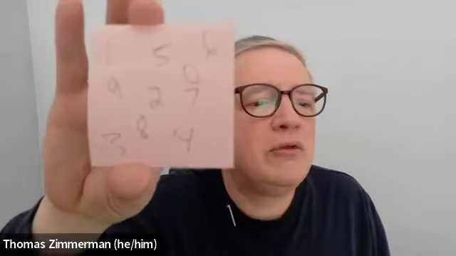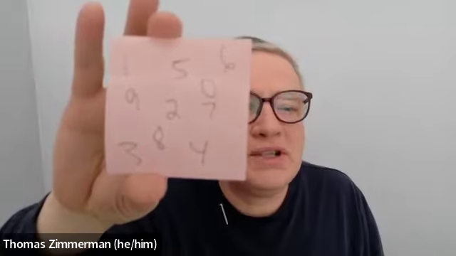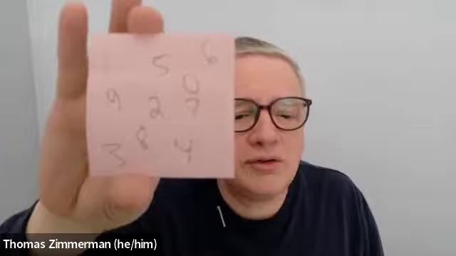Okay. Here's what I will invite you to do. Do you have a piece of paper somewhere near you? Paper and pen? Get out a blank piece of paper and pen. And on it, randomly write numbers from 0 to 9 all over the paper, not in any order at all.